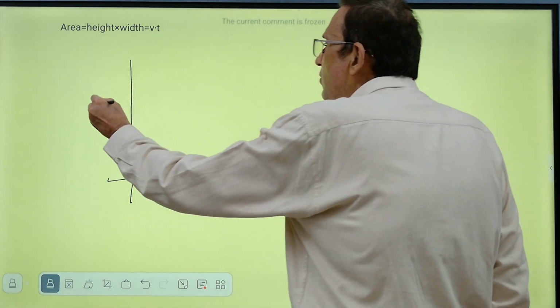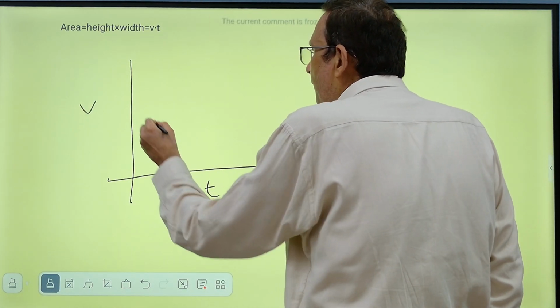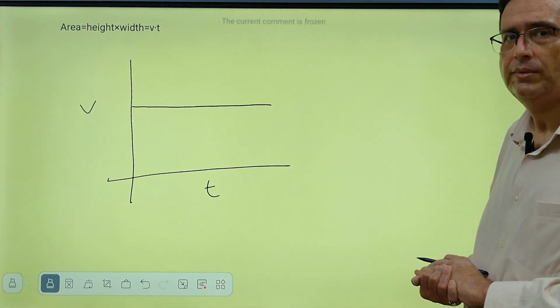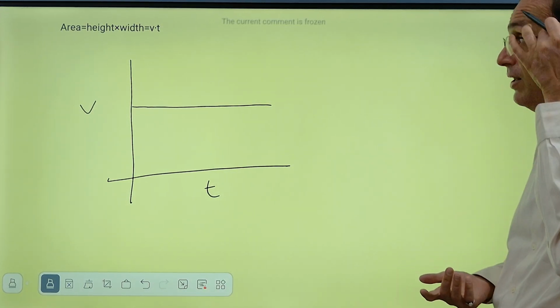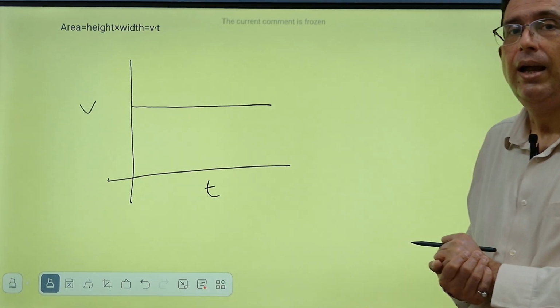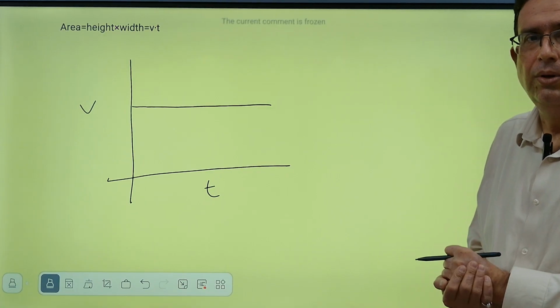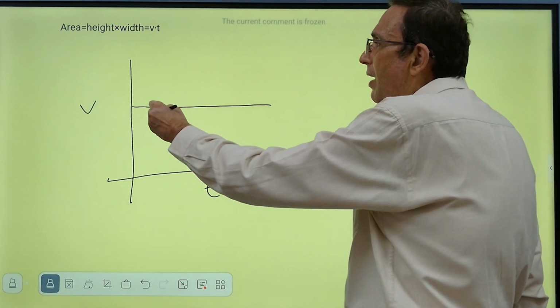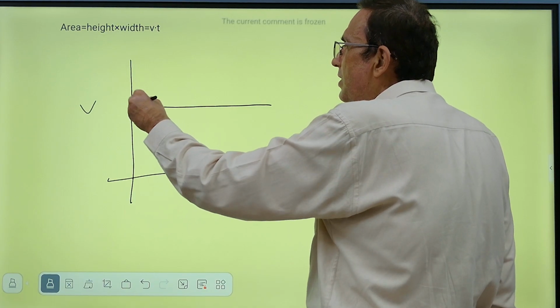Now in the case of velocity time graph, if it is horizontal, that means it is not moving, the velocity is zero. Or rather, if it is not zero, it is having a constant value. So it is horizontal, because the velocity time graph would tell you that the velocity is constant.